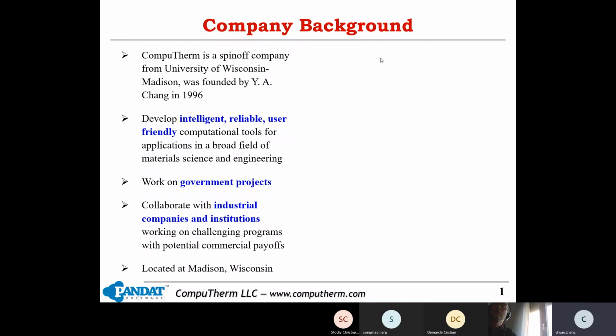In our company, we develop CALPHAD-based computational tools, which we call Pandat, for applications in a broad field of materials science and engineering. We also work on government projects, and sometimes we collaborate with industry companies and institutions working on challenging programs with potential commercial payoffs.